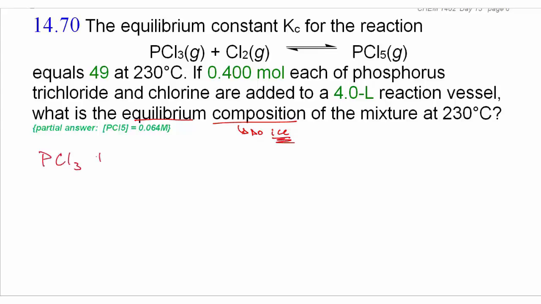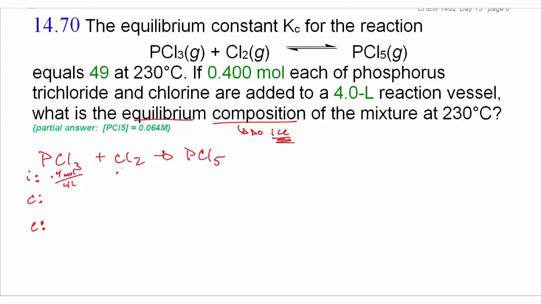Phosphorus trichloride plus chlorine forms phosphorus pentachloride. ICE. Initial concentration, change, equilibrium concentrations. Initial, we have 0.4 moles all over 4 liters.